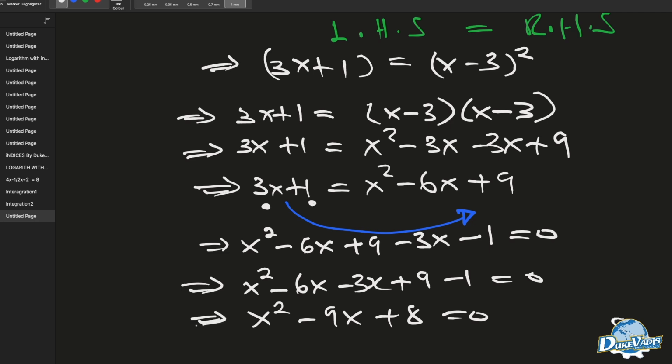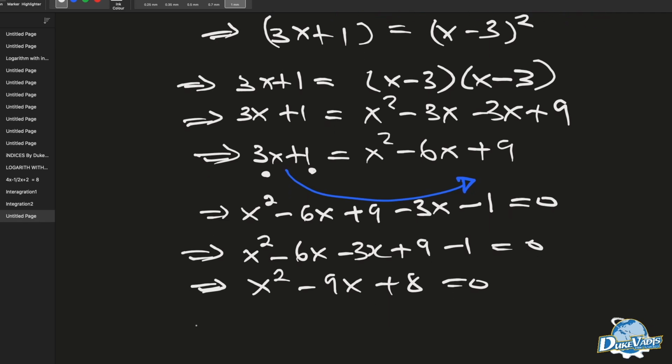You see, let me underline the equation. This equation is similar to what we did previously, called a quadratic equation. So mathematically we say it is quadratic in x.